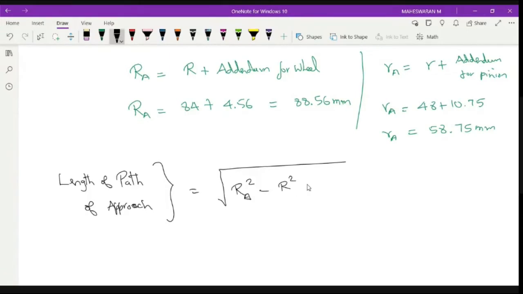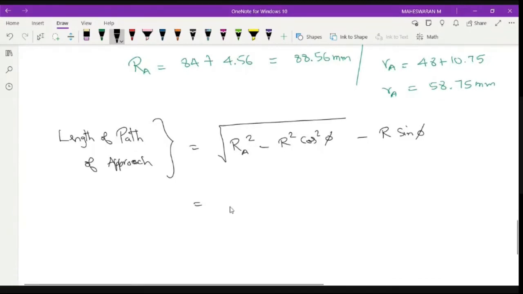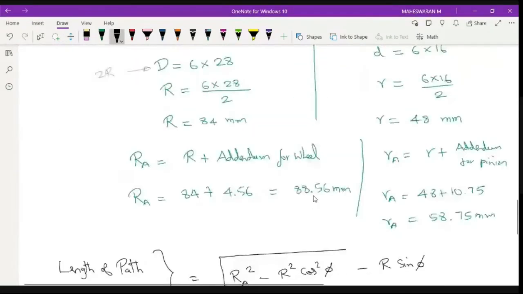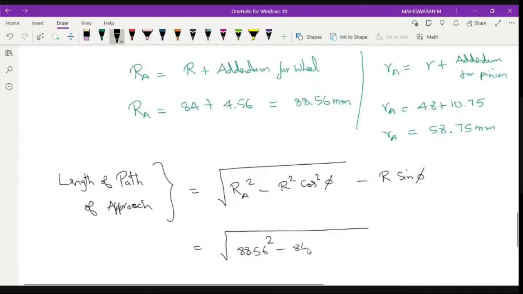So it is equal to root of RA 88.56 square minus 84 square into cos square 16 degree, minus 84 into sine 16.